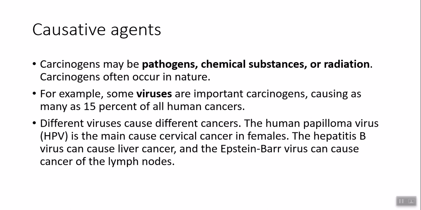These carcinogens are present in nature all the time, and therefore can affect us at any time. For example, some viruses are important carcinogens, causing as much as 15% of all human cancers.